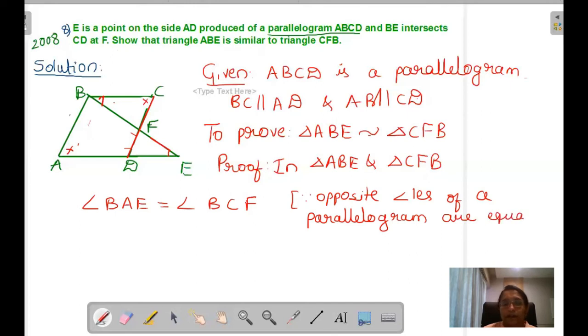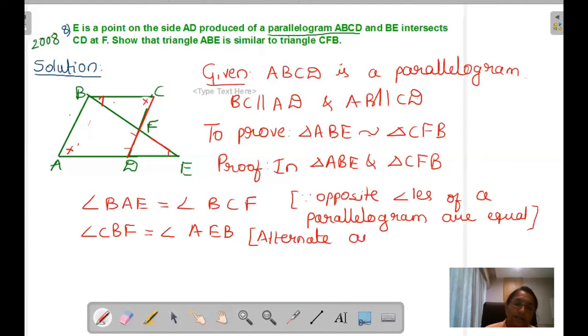Okay, next. One more: angle CBF is equal to angle AEB, because alternate angles, and no need to write on that. BC is parallel to AD, alternate angles.